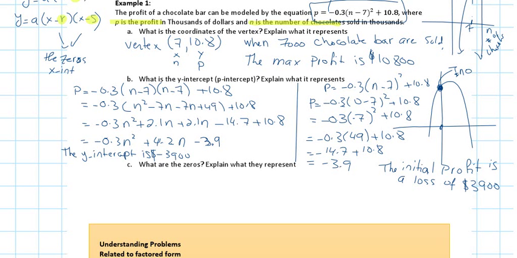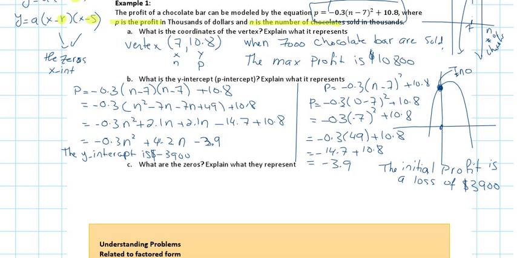The zeros mean the x-intercept, yeah? What form does it have to be in order for me to find the x-intercept or the zeros? Factored form. I have the vertex form. I have the standard form. Now, how can I find the factored form?